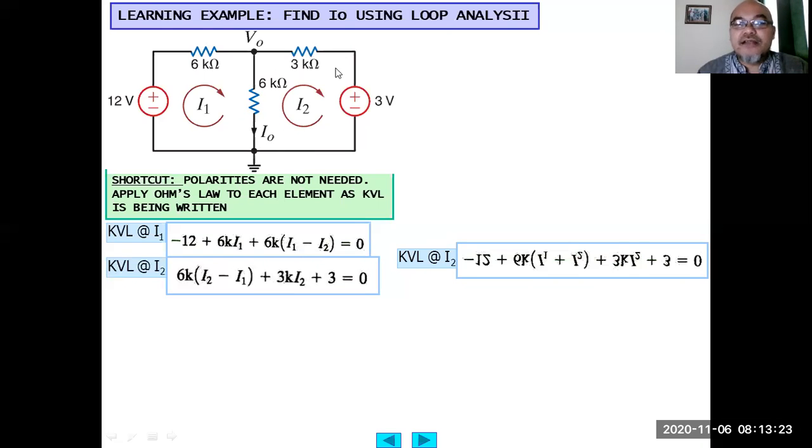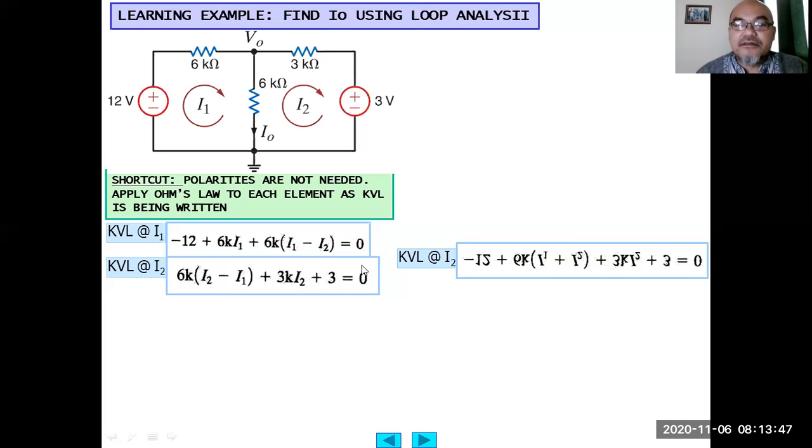Then only the I2 loop current flows through this 3 kilo ohm, so we multiply the 3 kilo ohm resistor with I2, and then it enters the 3-volt independent voltage source into its positive terminal, so it follows the passive sign convention. That is why the sign is positive.